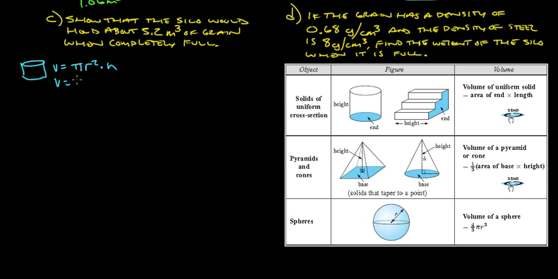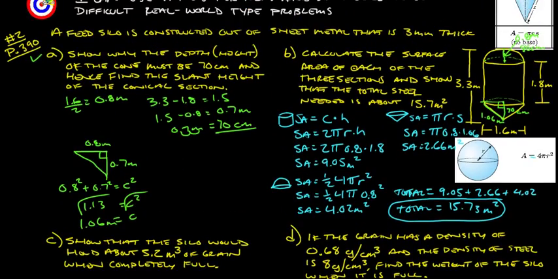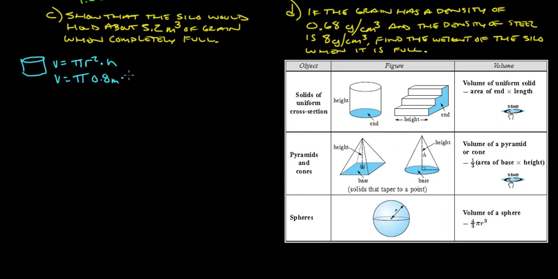So in this case we have pi. We know that the radius was 0.8 meters, and then the height, let's double check here, the height here is 1.8 meters. Right, so 1.8 meters, and this 0.8 meters is squared.